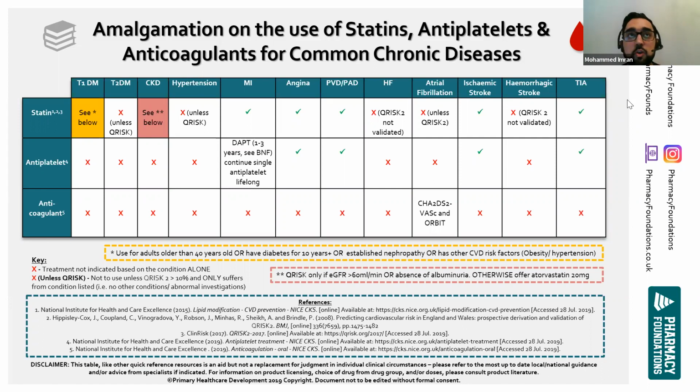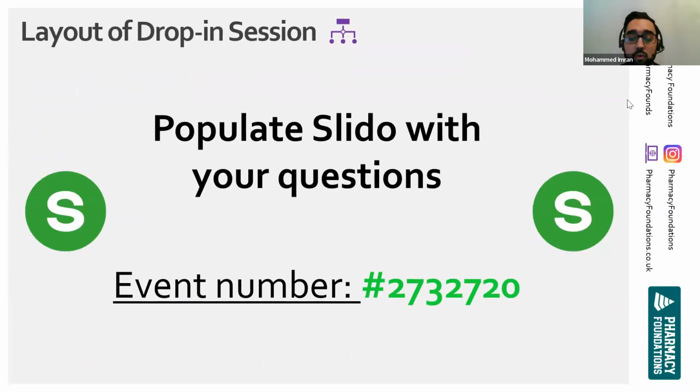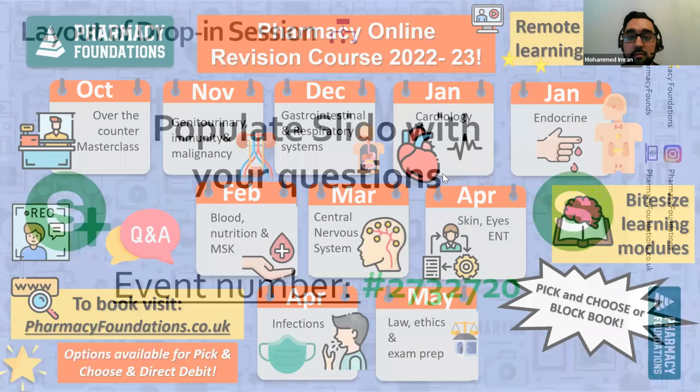If the Q-risk is saying 3%, and we don't put the patient on a statin, and this particular patient is not reviewed again for the next 10 years for whatever reason, their overall risk is going to be a lot higher, isn't it?